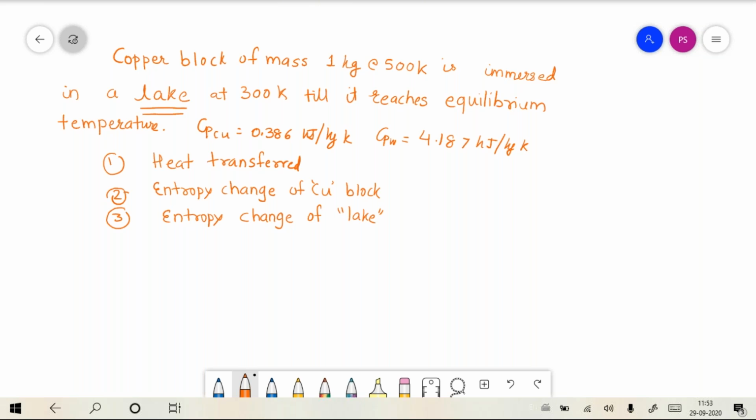Okay, and the overall entropy change, the entropy change of universe.